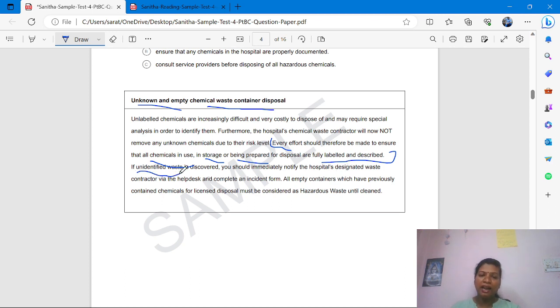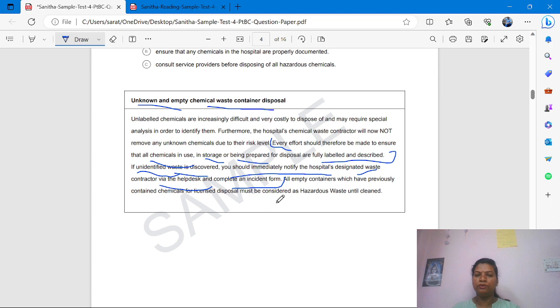If unidentified waste is discovered, which sometimes will happen, you should immediately notify the hospital designated waste contractor via the help desk and complete the incident form.